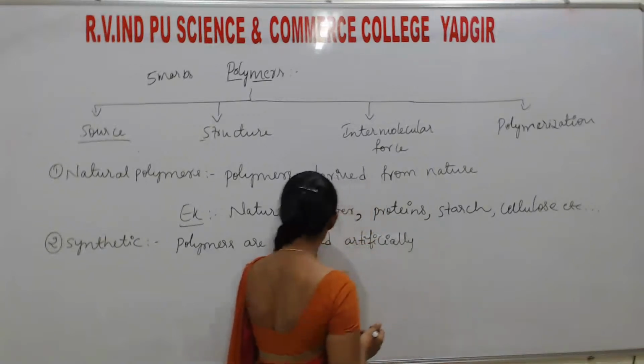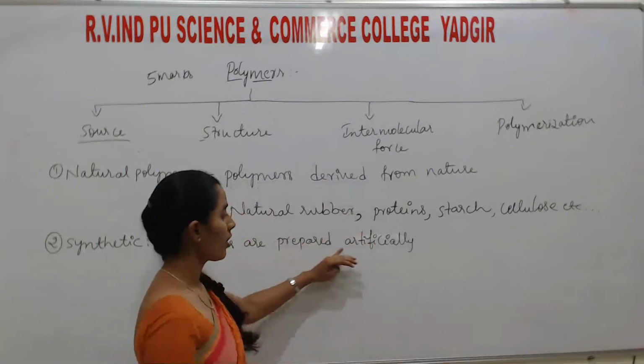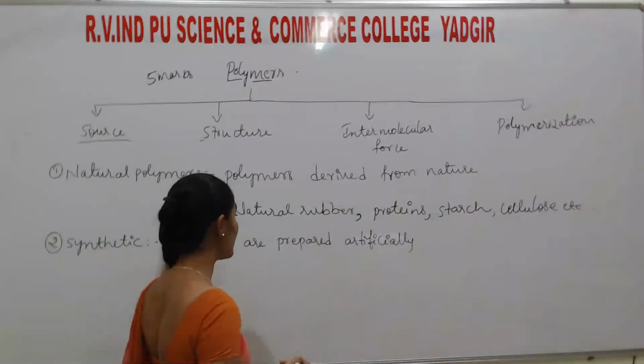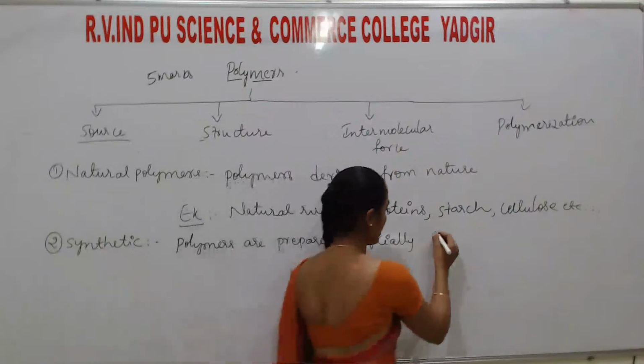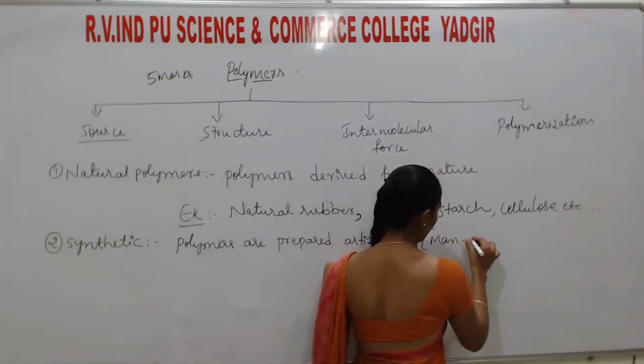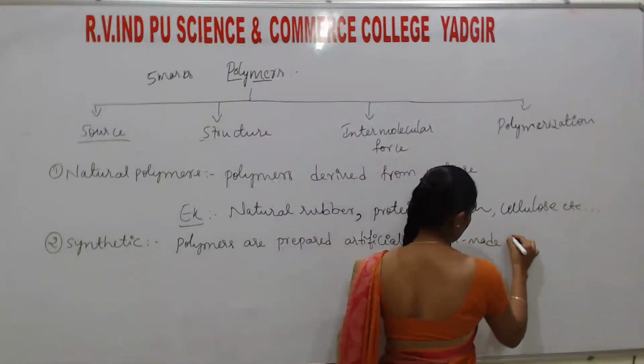Polymers prepared artificially are called synthetic polymers. These are also called man-made polymers.